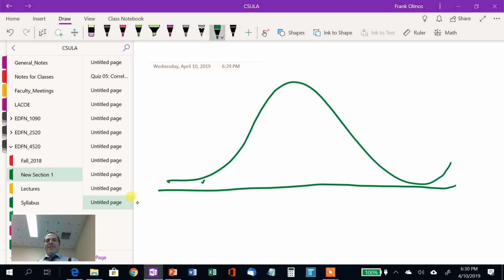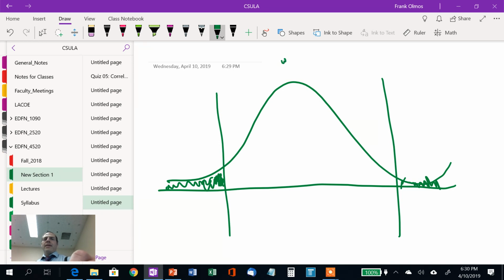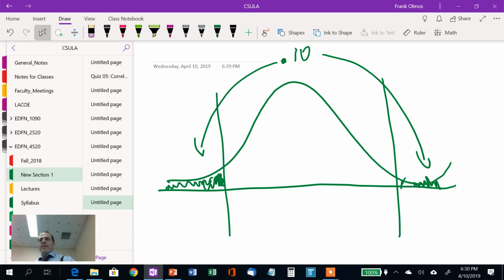Okay. So let's just say this is the 0.10 level. So this region plus this region.